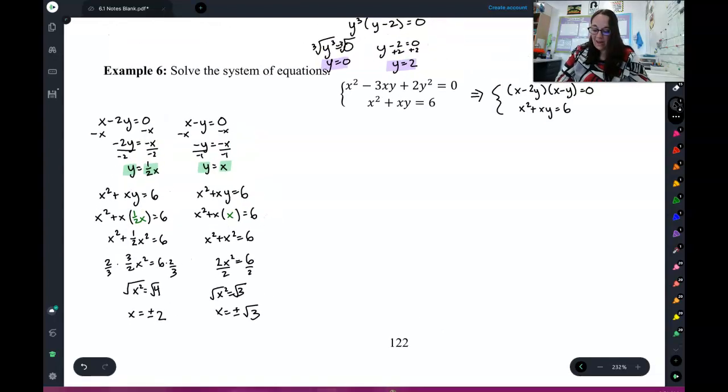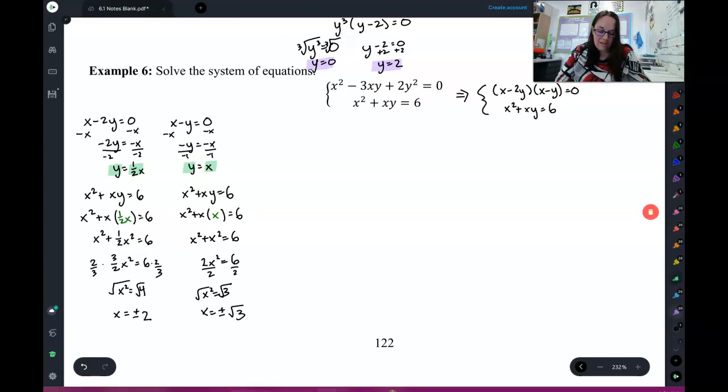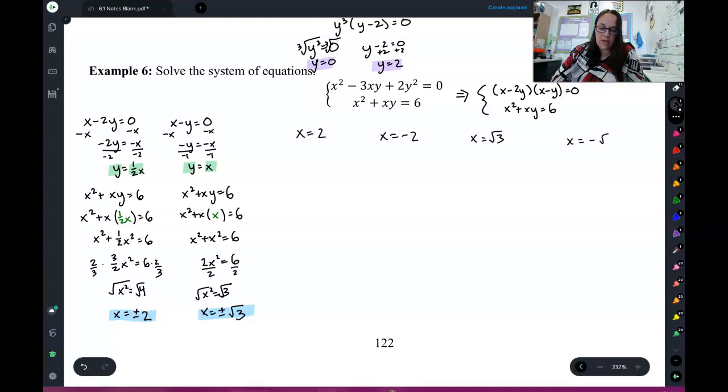So at this point, I now have 4 x solutions. I have x equals positive 2, x equals negative 2, x equals square root of 3, and x equals negative square root of 3. All 4 of these seem to be solutions right now.